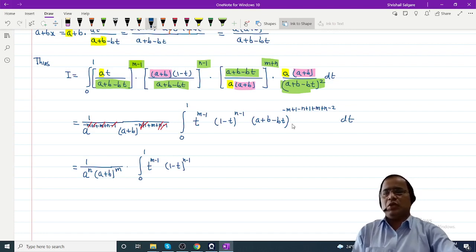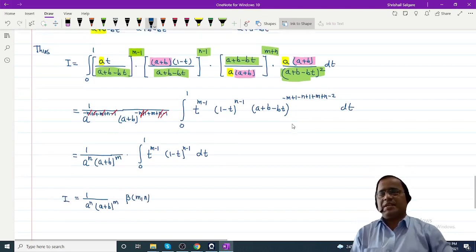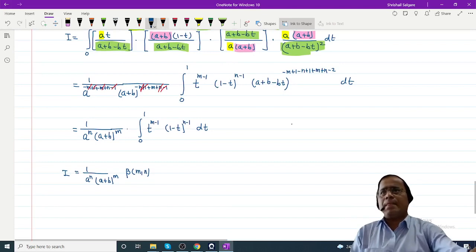Anything raised to 0 is 1, so it is not necessary to write. You can verify that. Now you are getting the required answer: a raised to n into a plus b raised to m, and the second integral is defined as beta of mn, and that is the required answer.